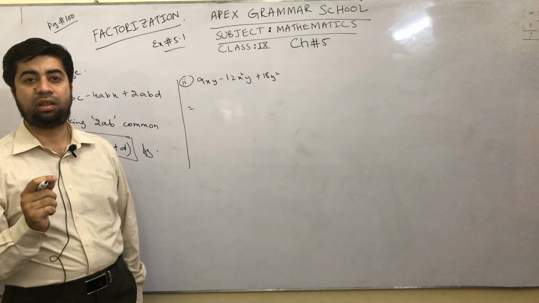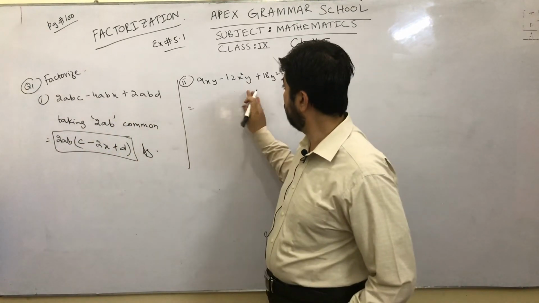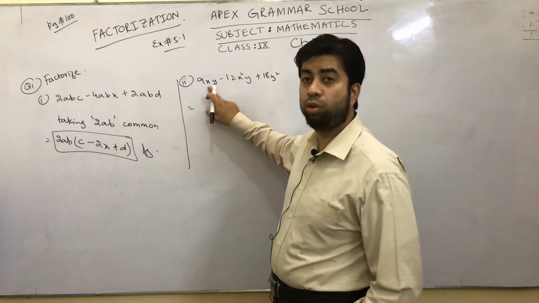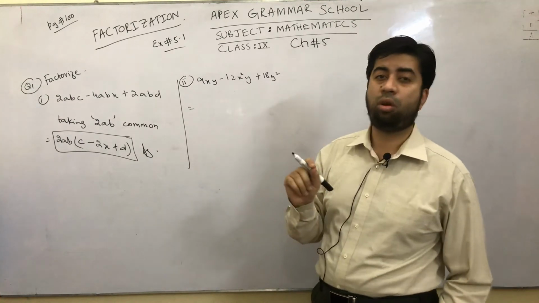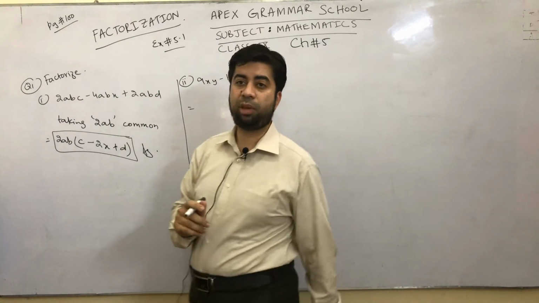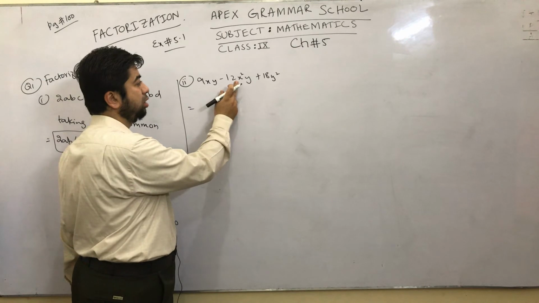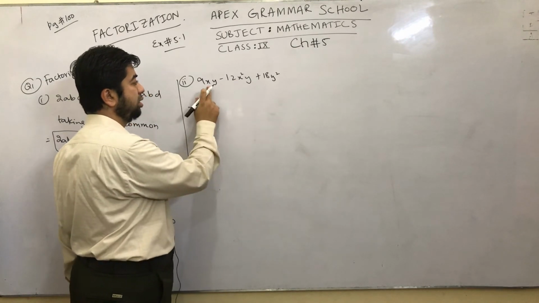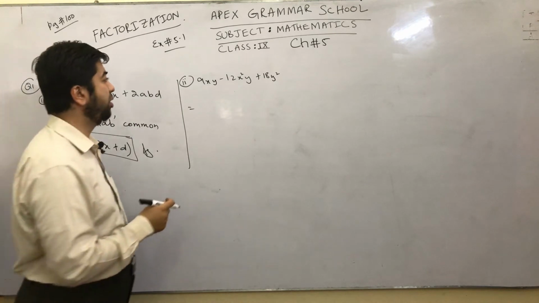First thing, you have to not be confused here, that you have to take the lowest power common within this expression. So x, this is x square, so lower power is x, and y, and this is y square, so you have to take common the lower power, that is y.